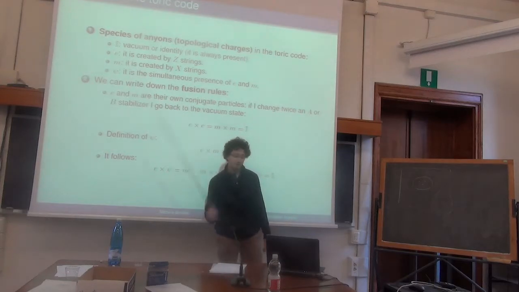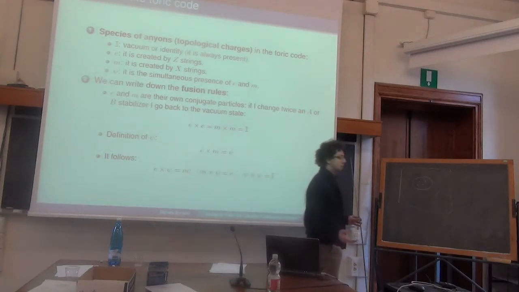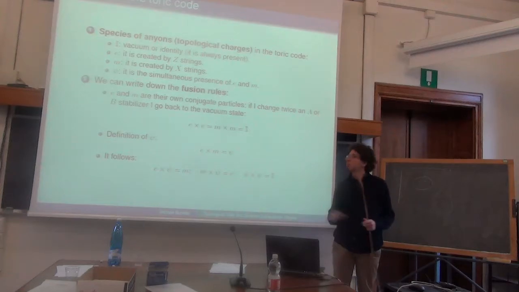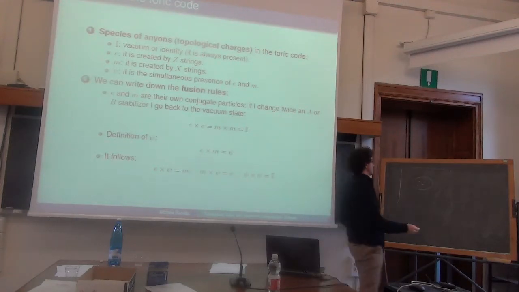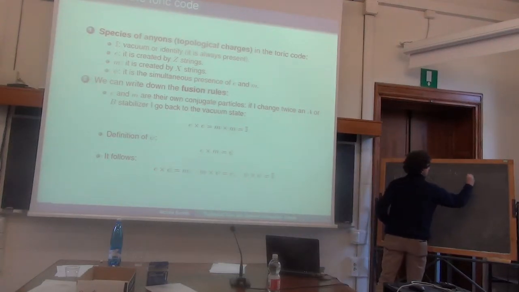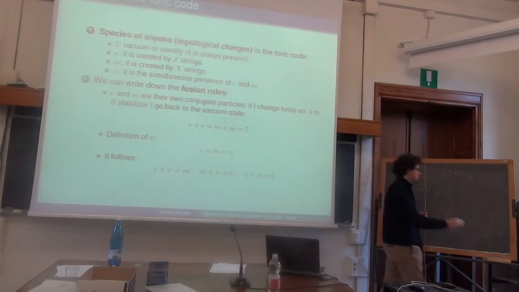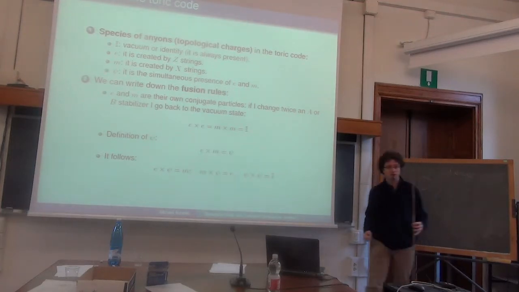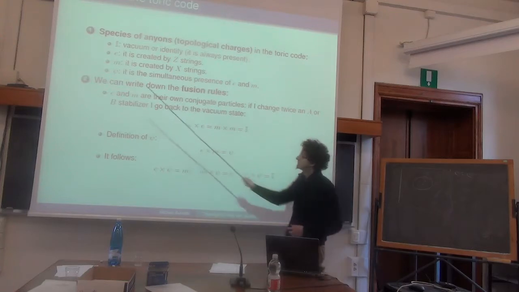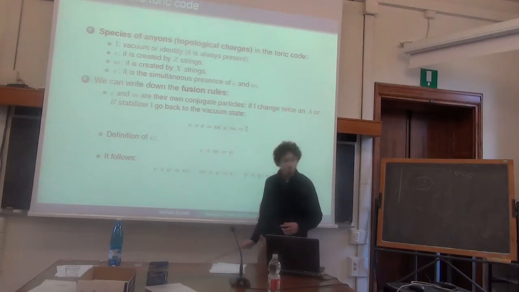The identity, which corresponds to the vacuum of having either completely no anyons or perhaps a pair of electric charges that are close enough and you know that they may fuse together into the vacuum. The same is true for the magnetic flux.